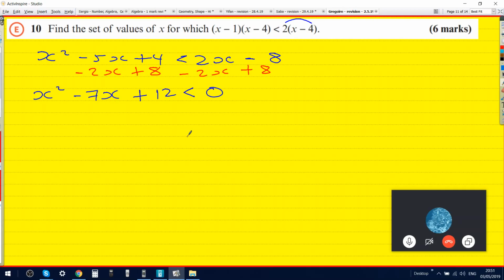Yeah. So for the quadratic equation, I get 4 and 3, so 4 and 3. And that's for the graph.